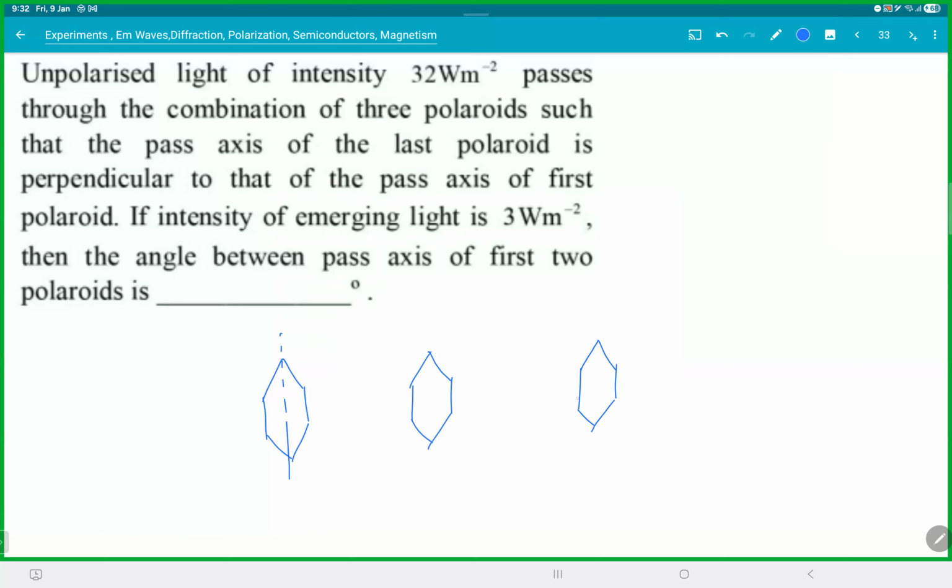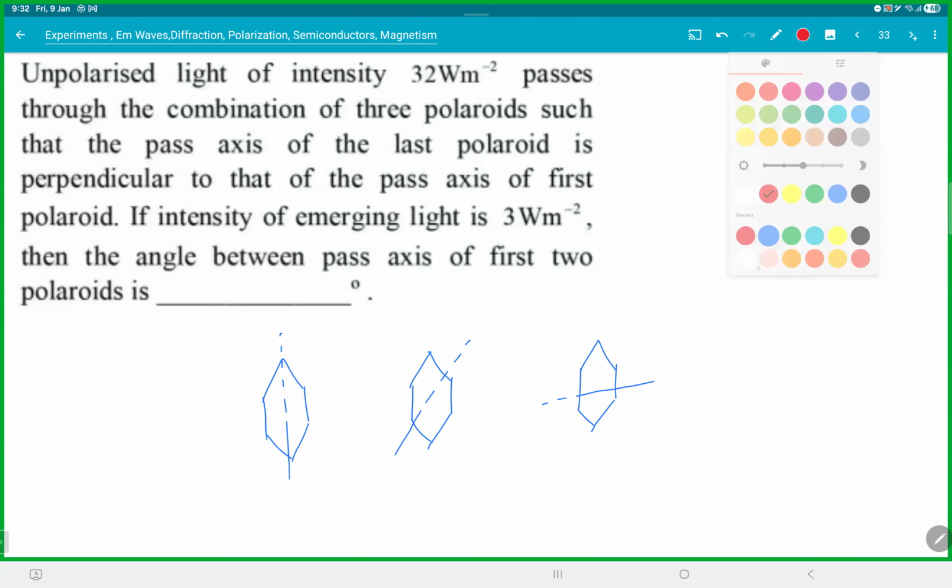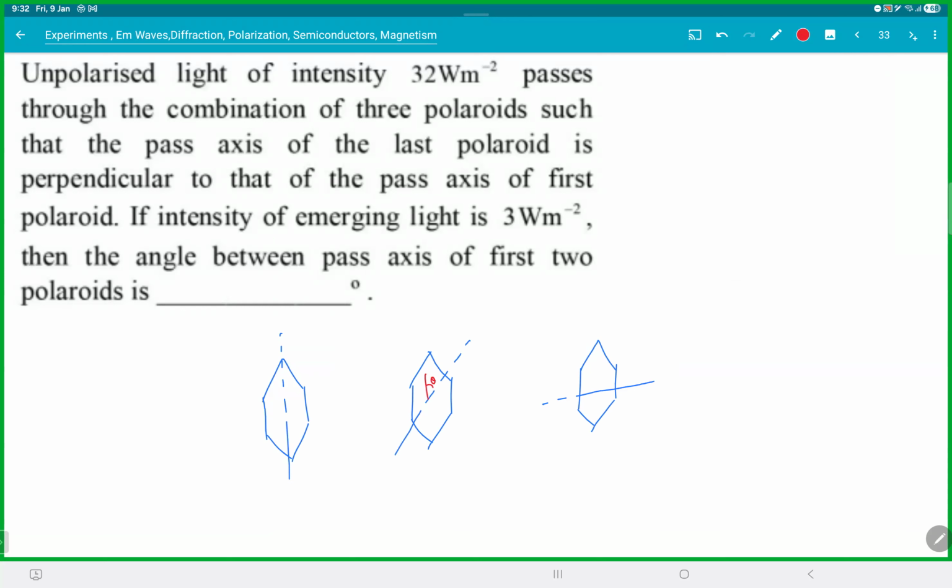The first one and the last one are perpendicular. The middle one is something like this, so this angle will be theta. You're sending unpolarized light of intensity I. So this will come out like this.